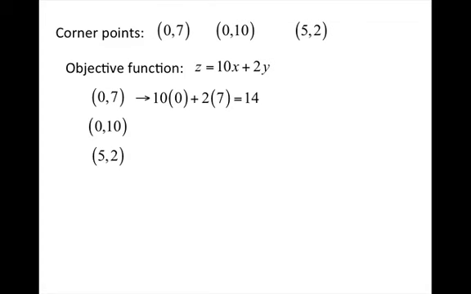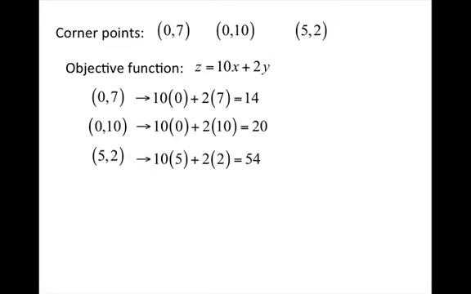If I plug in the 0, 10, I have 10 times 0 plus 2 times 10, and that gives me 20. If I plug in the 5, 2, I have 10 times 5, which is 50, plus 2 times 2, which is 4, and 50 plus 4 is the 54.